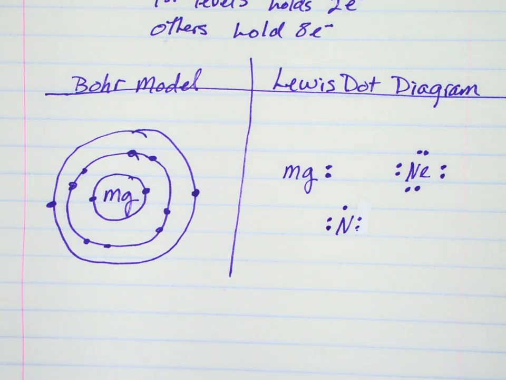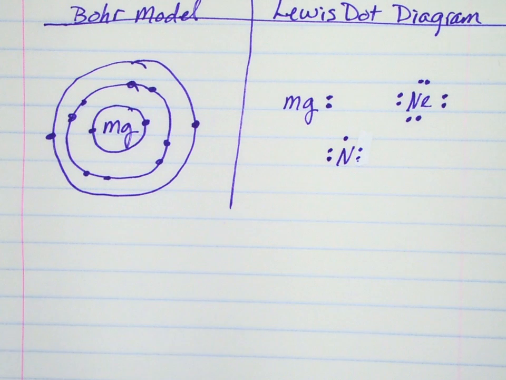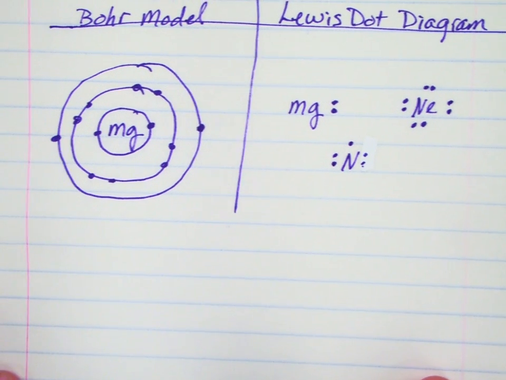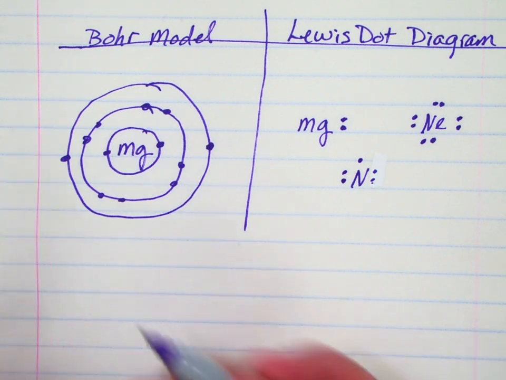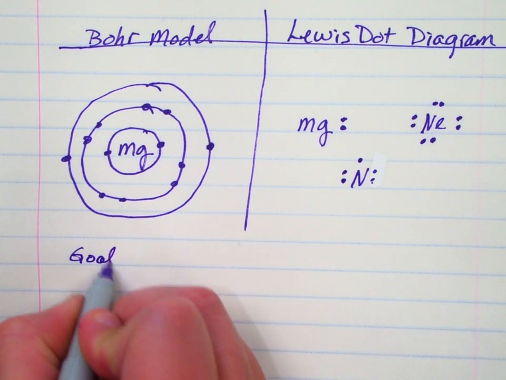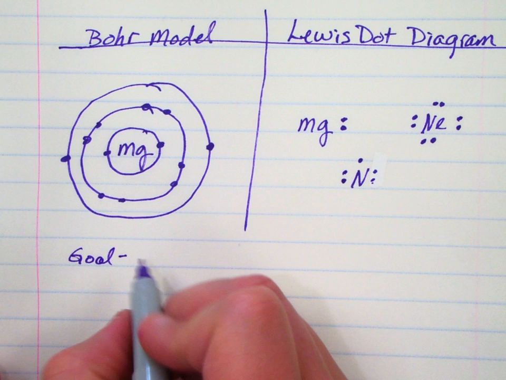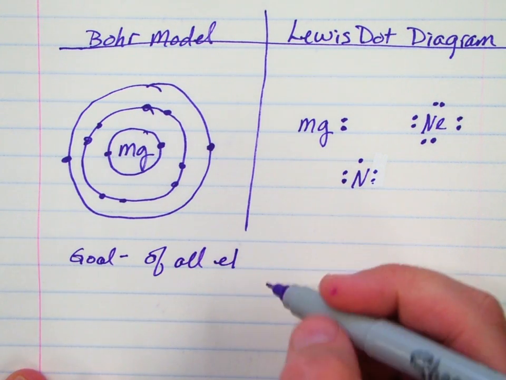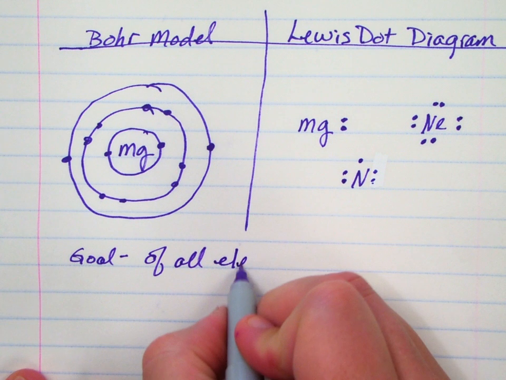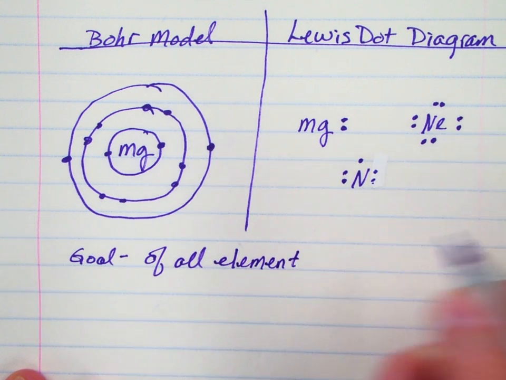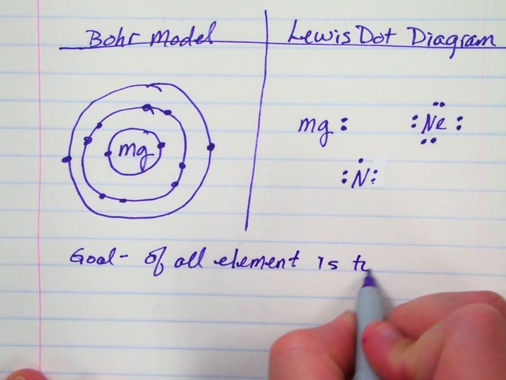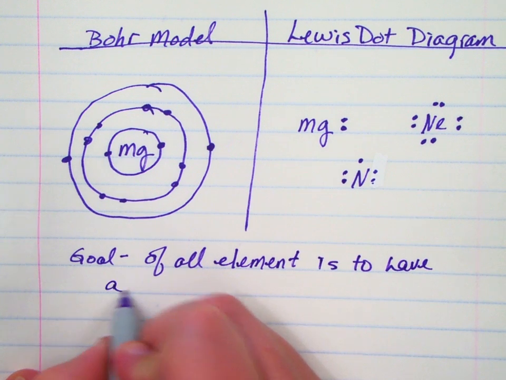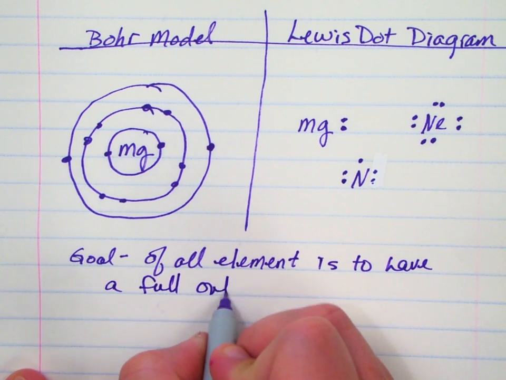Now these valence electrons determine behavior because these elements have a goal. These elements want something specific out of life. The goal of all atoms, of all elements, is to have a full outer ring. They all envy the noble gases. A full outer energy level.